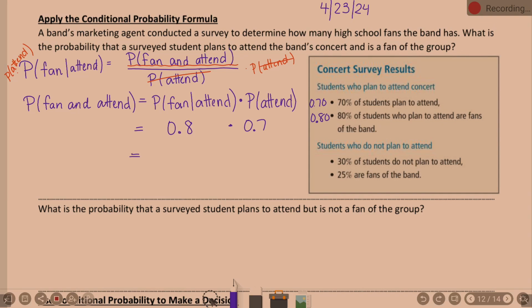I didn't think to tell you to grab calculators, but hopefully you thought about it. 8/10 times 7/10 is 56/100, which, based on the fact that this chart was given in percents, what could we say here? 56%.